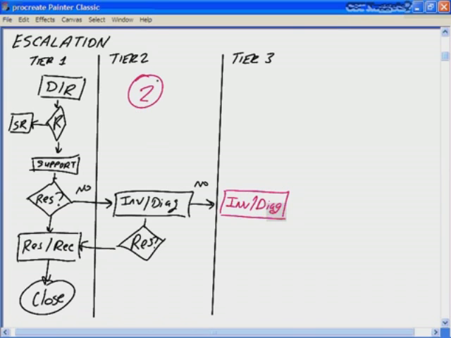Remember, our second tier or second line individuals are network management, server management, central processing, or a higher level of expertise of service desk personnel. Again, this is a framework, not a hard and fast rule. If the problem gets resolved here, and I'm going into red ink because this is obviously a more serious issue, we go back to resolution and recovery and closure.